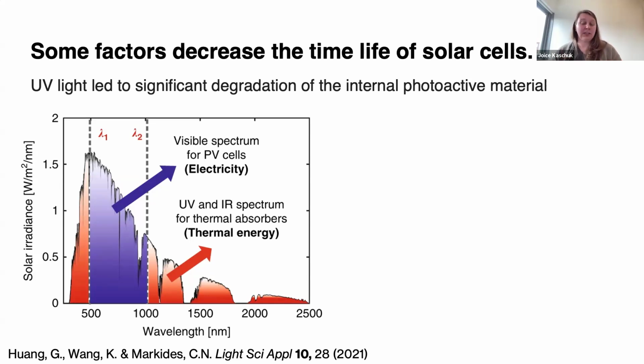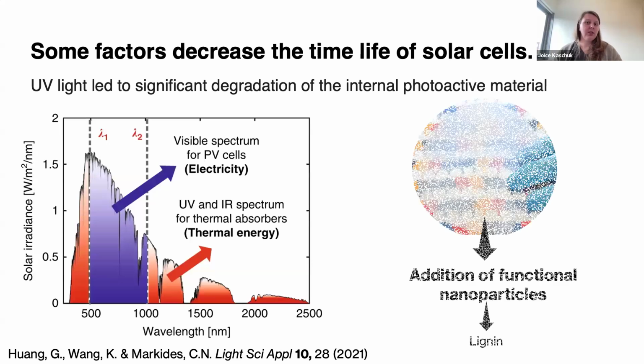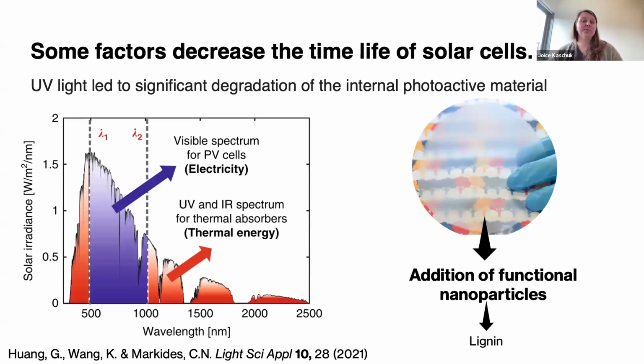All the rest only heats and degrades the composition. All the wavelengths in the red area will kind of kill the solar cell. In this sense, using nanocellulose films can be an advantage because, in a straightforward way, we can add, for instance, lignin nanoparticles to block the UV and increase the efficiency.